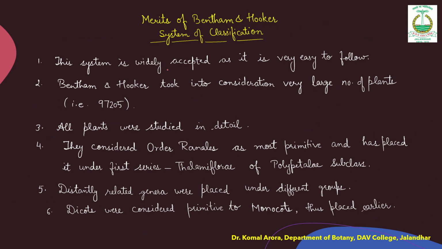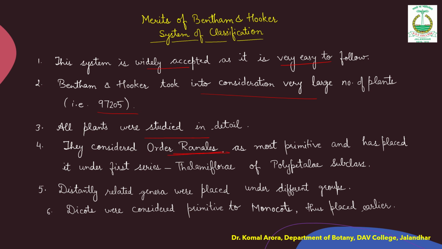First is, from the name, you can have an idea what kind of plants have been kept there. So it is a widely acceptable and very easy to follow system. Secondly, a large number of characters were considered in a huge quantity of plants, that is 97,205. So this is quite an elaborate system that was studied in great detail.